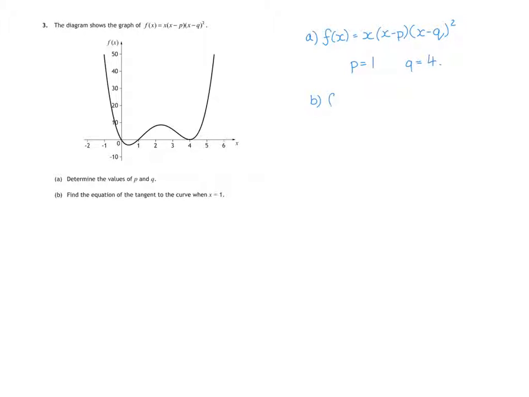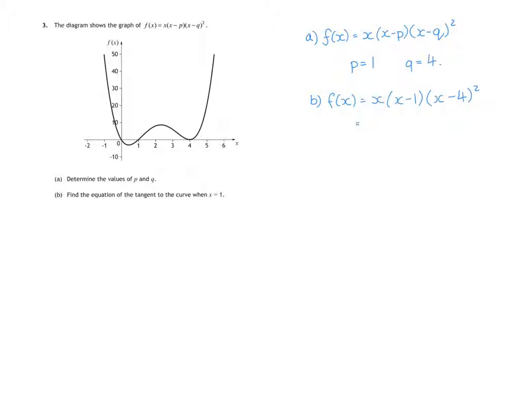So we need to first take our equation and put in our values. So we've got (x minus 1), and then we've got (x minus 4) squared. And now to differentiate, we can't differentiate like that, we need to multiply this all out.